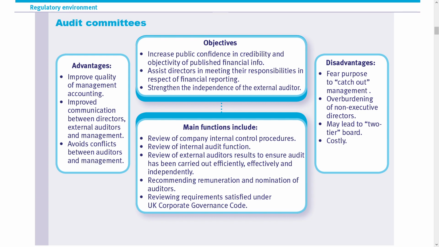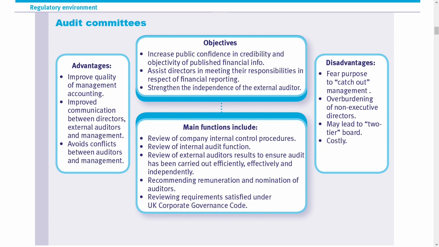Then review the requirements satisfied under the UK Corporate Governance Code. They have to see whether they are following corporate governance or not, whether they have sound corporate governance, and whether they are satisfying the UK Corporate Governance Code. That is also the duty of the audit committee. Let us go to the advantages. There are three advantages. Improve the quality of management accounting.